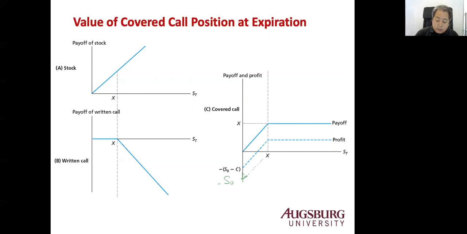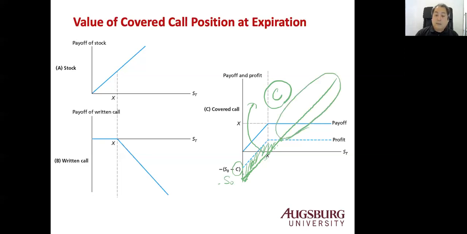And with the covered call, it's basically like this. It means that you have more value when you lose money because you receive the call option premium. So this extra profit comes from the call premium. Once the price hits a certain value, you are not going to get more money. You actually gave up this portion of the gain.